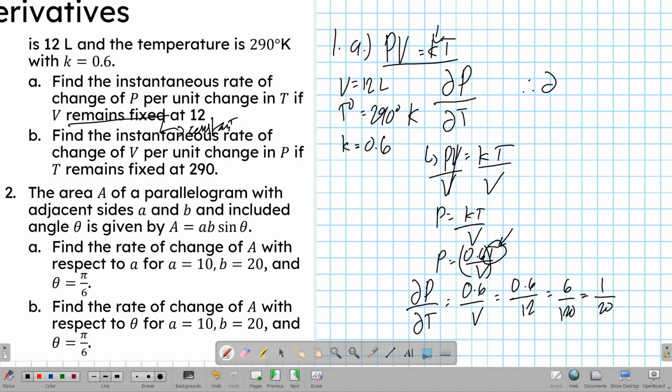Therefore, the instantaneous rate of change of P in terms of T would be 1 over 20 atmospheres per degree Kelvin. So we change 1 atmosphere per 20 degrees change in Kelvin. That's the instantaneous rate of change of P if volume remains fixed at 12. So pause the video and try to answer letter B here.